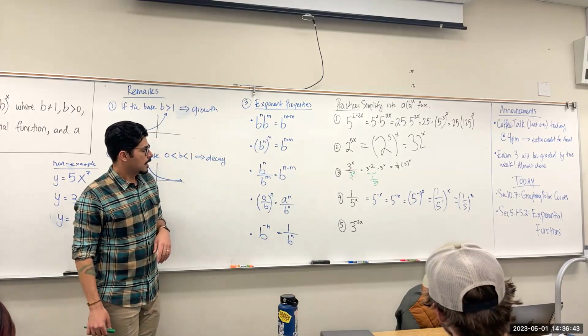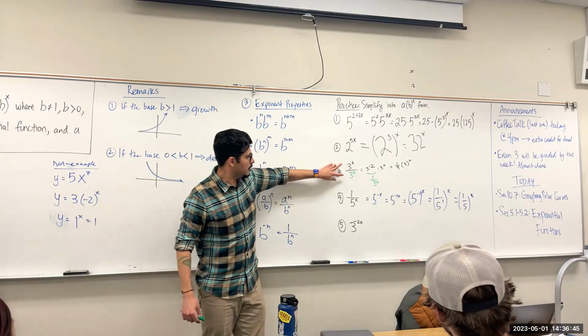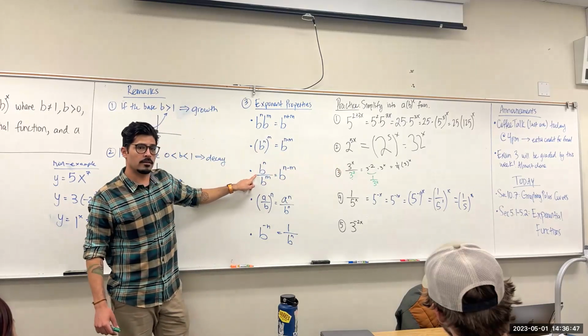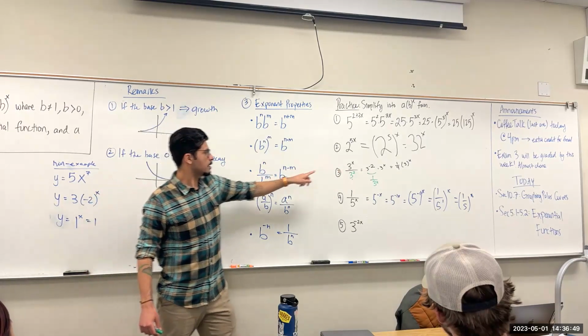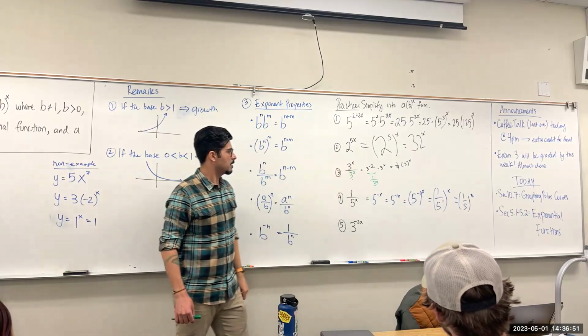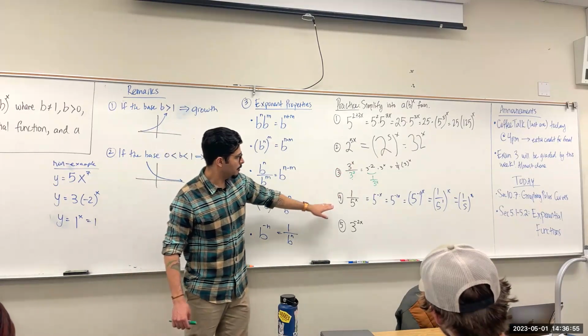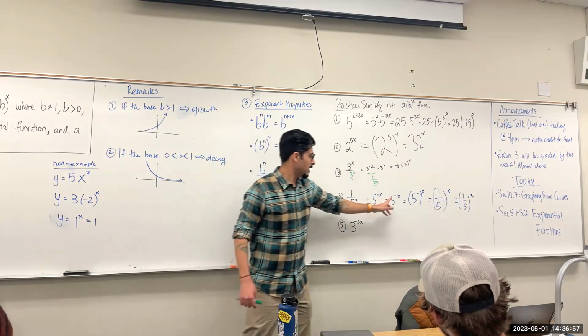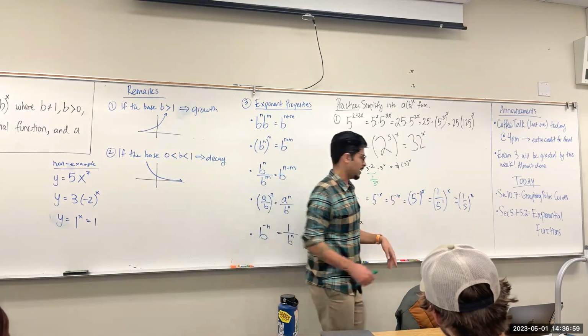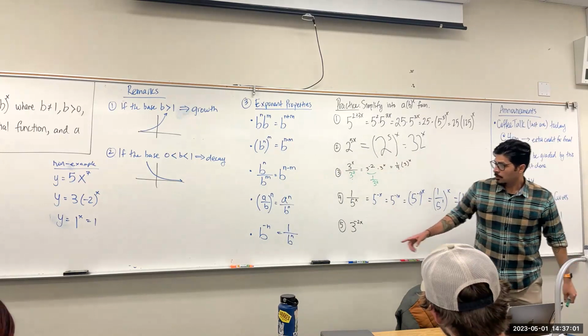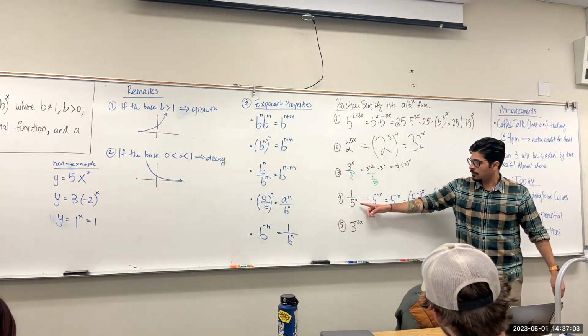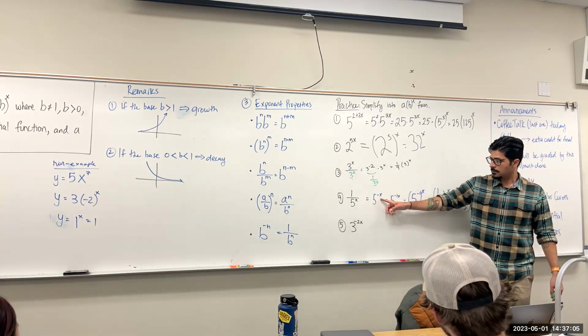Another property I saw people using on this one is this property here as well. They subtracted the top exponent minus the bottom. That would have worked as well. All right, and I think 4 was a tricky one because of that negative x. So use the last property here, rewrite this as a negative exponent.